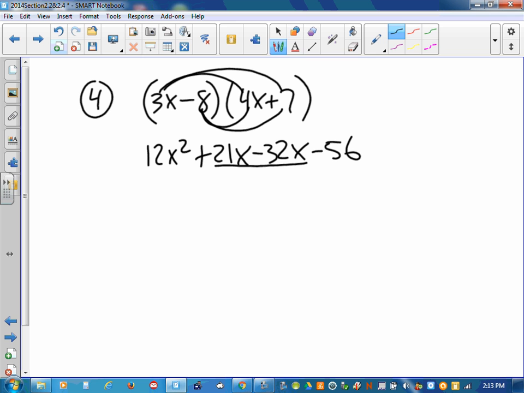Again, the two middle terms match, so we get 12x squared minus 11x minus 56. So there's the distributing and the foiling. Foiling and distributing are very similar, except for foiling, you're distributing twice.